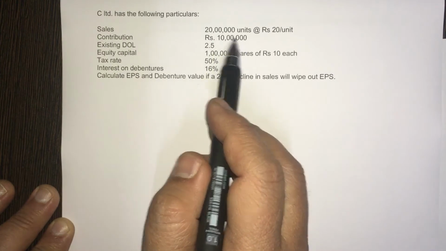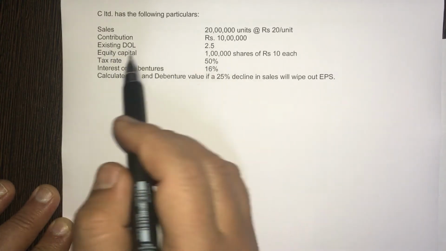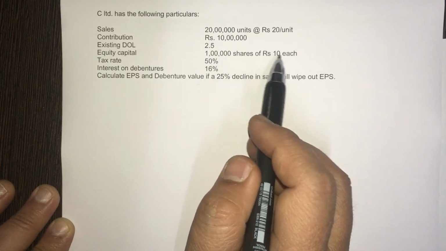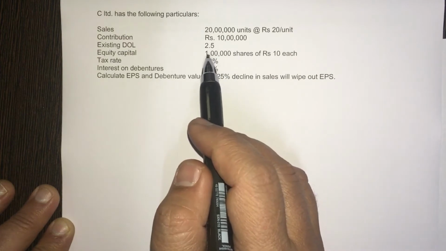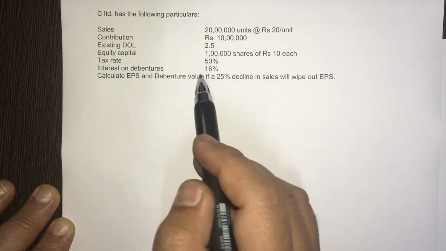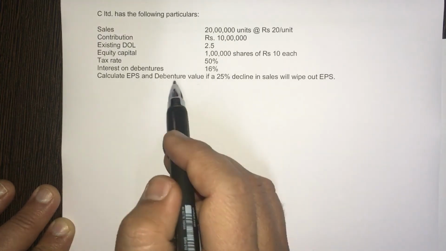Contribution is 10 lakhs, a million. Existing DOL, degree of operating leverage, is 2.5. Equity capital is 1 lakh shares of rupees 10 each, so the total equity capital will be 10 lakhs. Tax rate is 50%. Interest on debentures is 16%. Calculate EPS and debenture value.